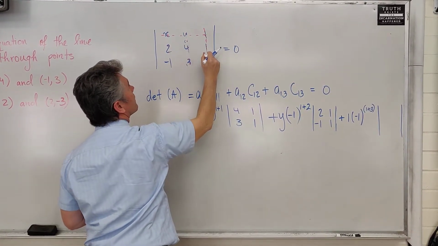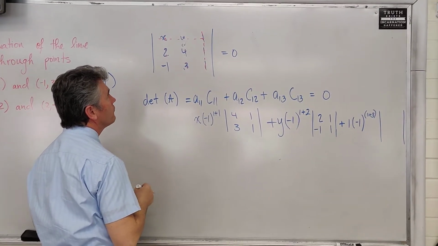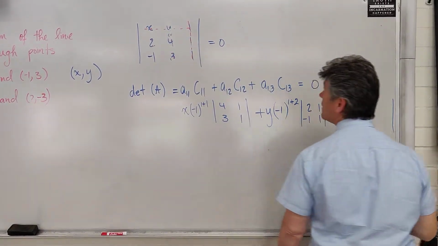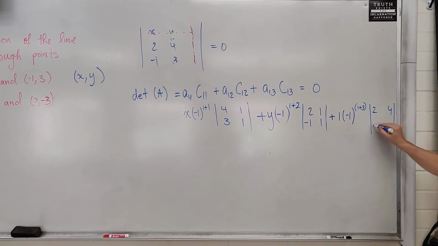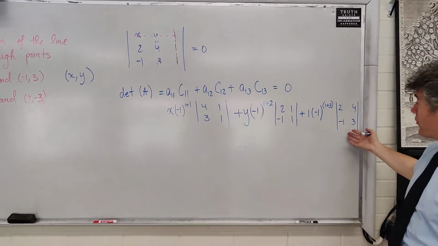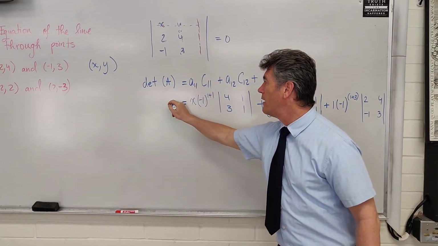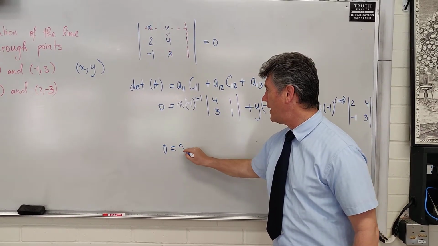When we eliminate the third column, we've eliminated all the ones, so we have 2, 4, -1, and 3. Because I don't have any more rows on the right side, I'm going to put the 0 on the left side. So you have 0 is equal to x.